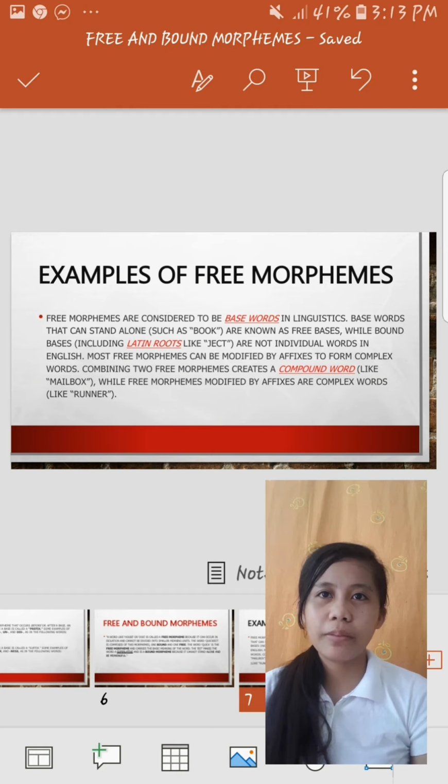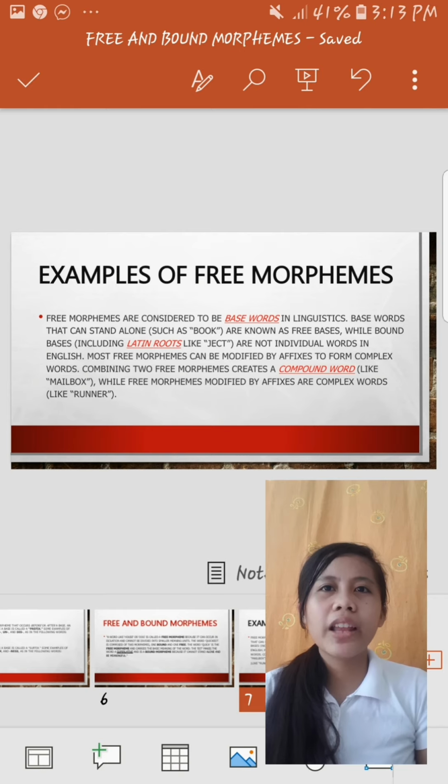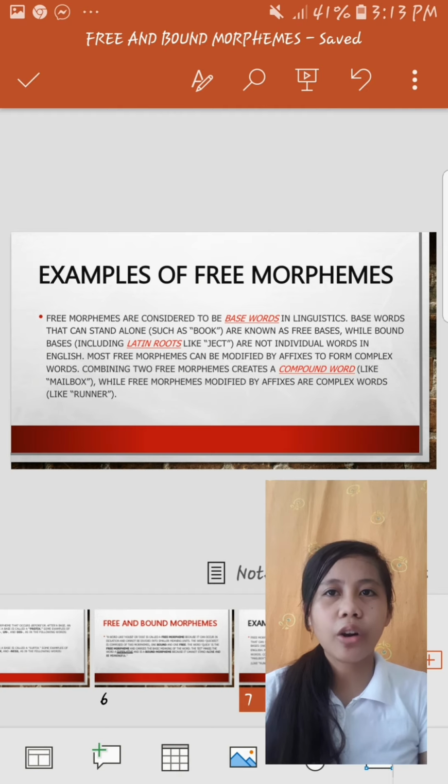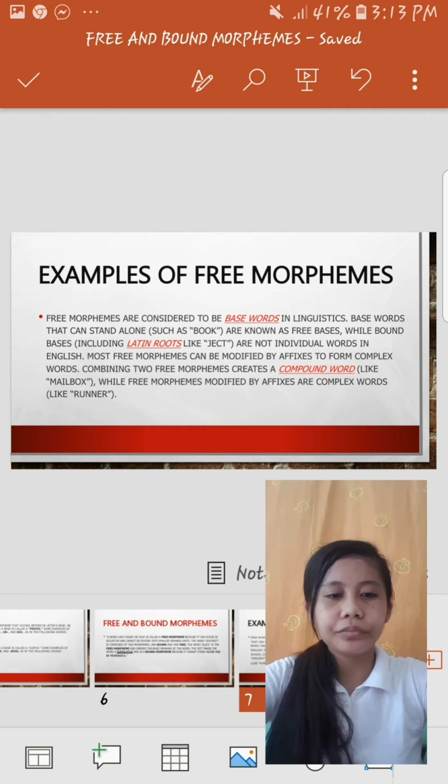Most free morphemes can be modified by affixes to form complex words. Combining two free morphemes creates a compound word like mailbox, while free morphemes modified by affixes are complex words like runner.